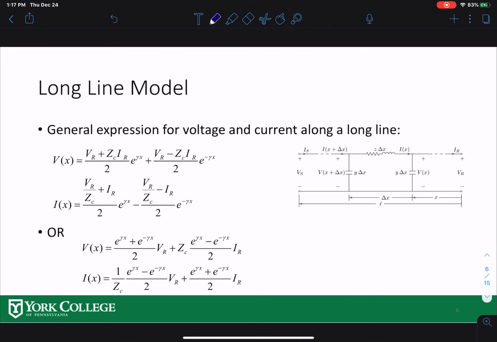With that, you now have your Vx equation and Ix equation. If you go further to simplify, you get the equations for Vx and Ix. What does it mean?